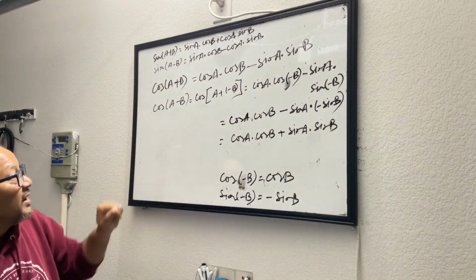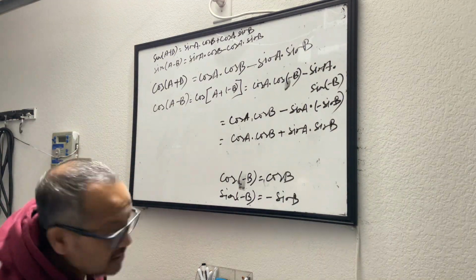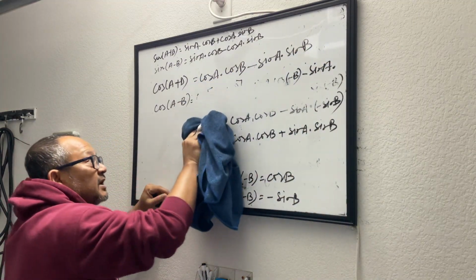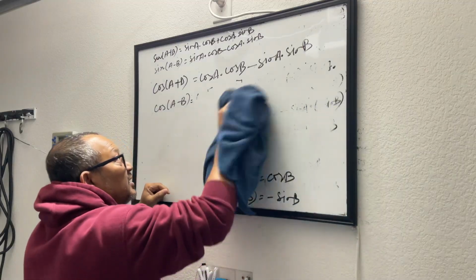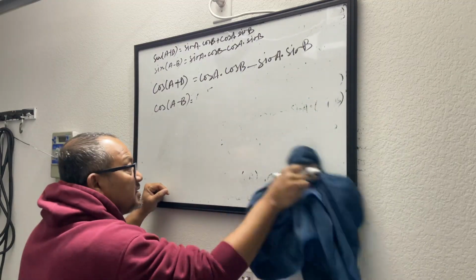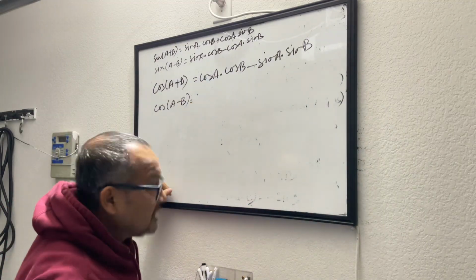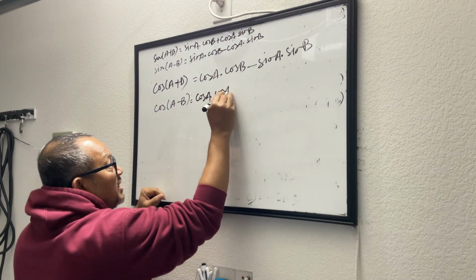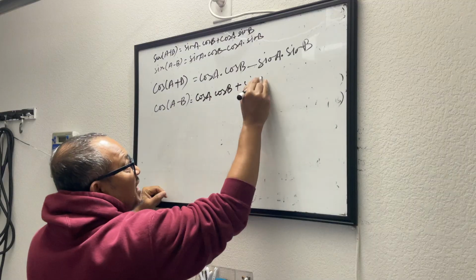So we have another formula at our disposal that we can use anytime. That is this one. Cos of A minus B equals cos of A times cos of B plus sine of A sine of B.